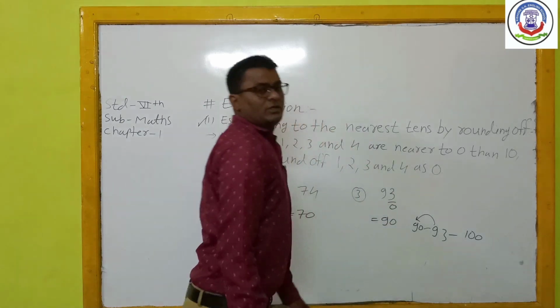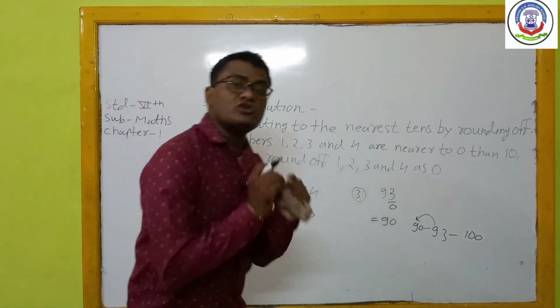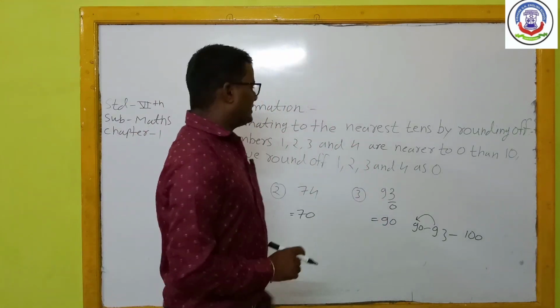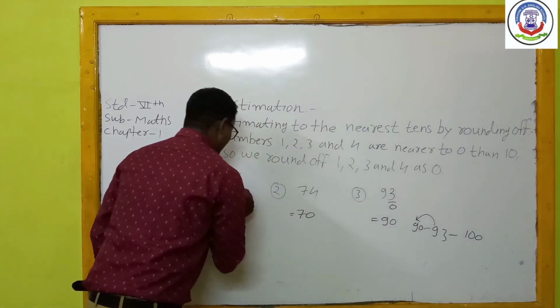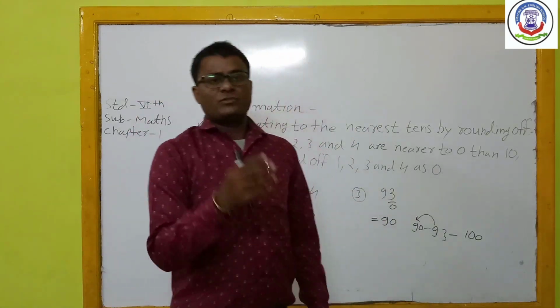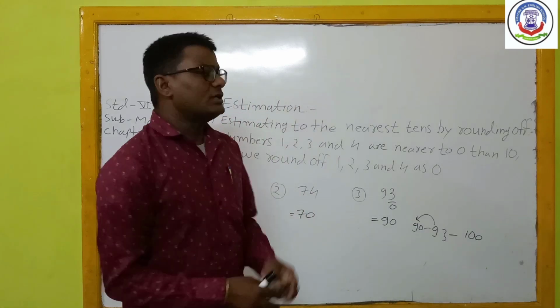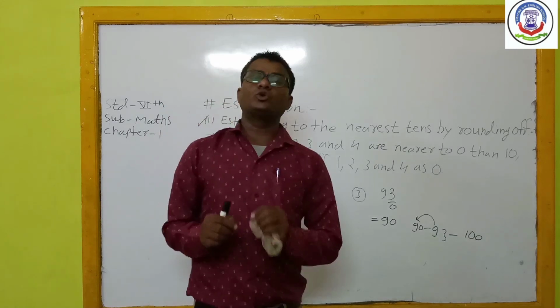Okay students, you have to remember this first thing. Now suppose the ones place digit is greater than 5, that is 6, 7, 8, 9, then what will we have to do?